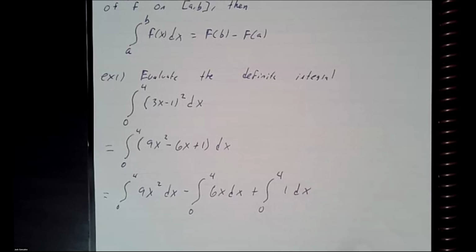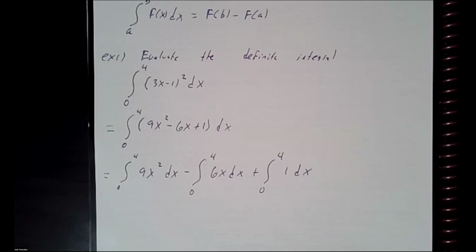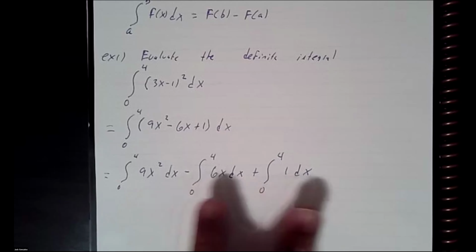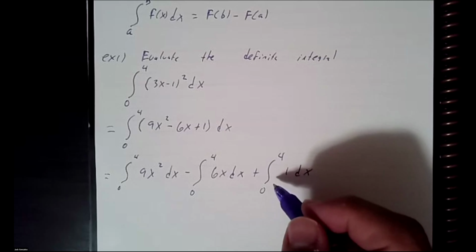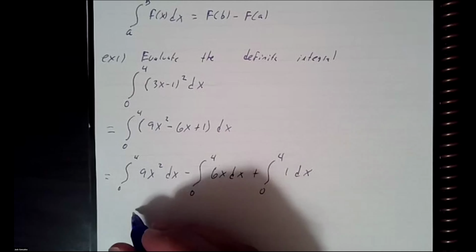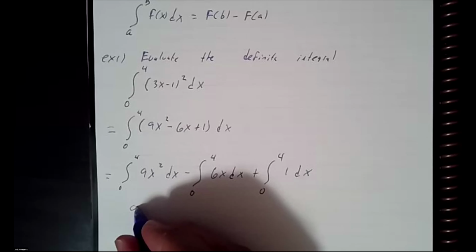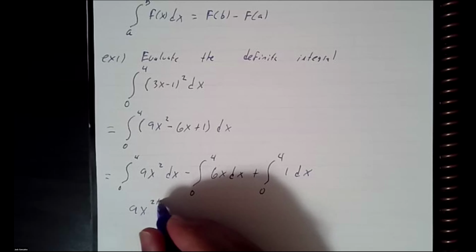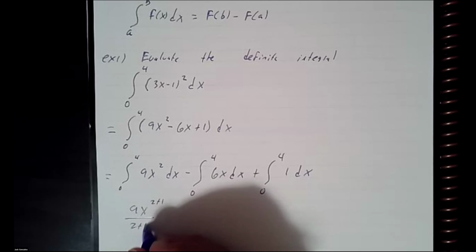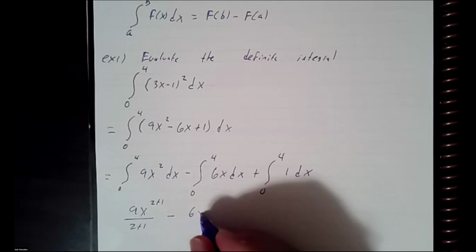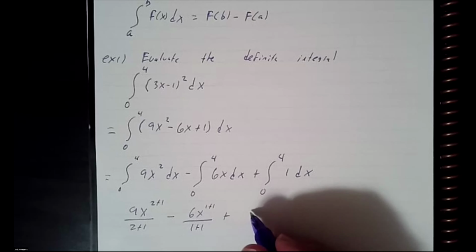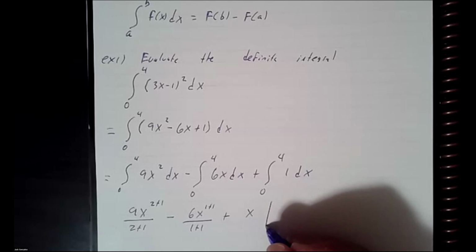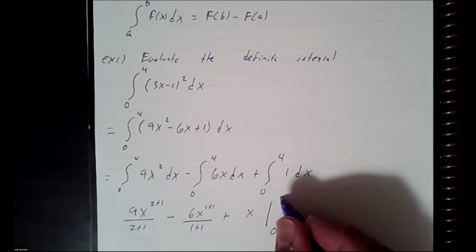So what I recommend is do the antiderivatives on each one, and then just put the bounds on the whole thing, 0 to 4. So this will be 9x to the 2 plus 1 over 2 plus 1, minus 6x to the 1 plus 1 over 1 plus 1, plus x, all the way from 0 to 4.